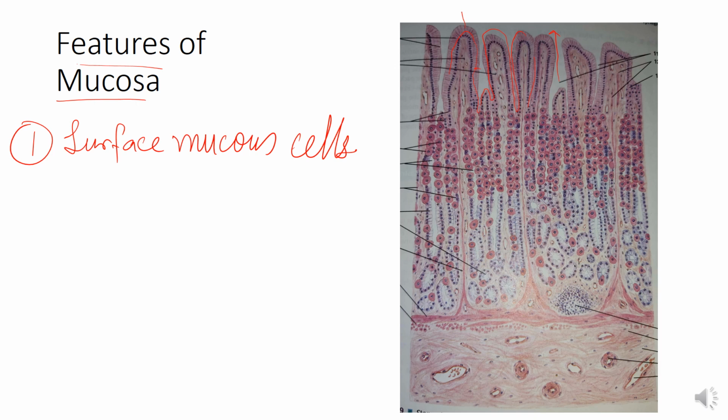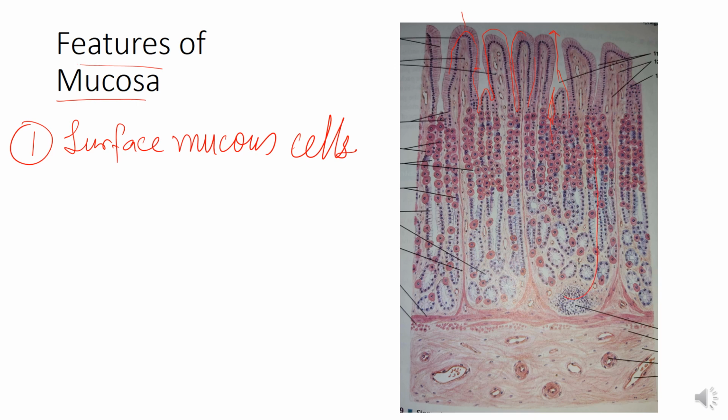Now the gastric pits lead into long branched tubular glands that extend through the full thickness of the lamina propria. Here you can see the pits are leading, opening into the pits are the gastric glands.